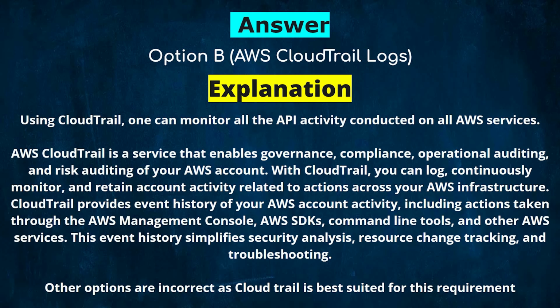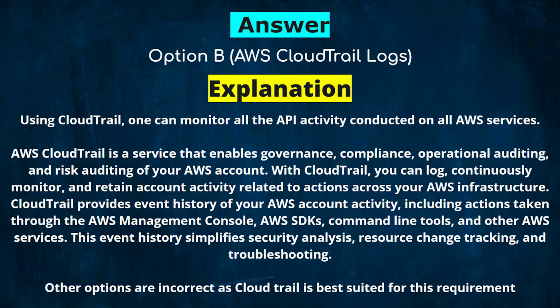Explanation. Using CloudTrail, one can monitor all the API activity conducted on all AWS services. AWS CloudTrail is a service that enables governance, compliance, operational auditing, and risk auditing of your AWS account. With CloudTrail, you can log, continuously monitor, and retain account activity related to actions across your AWS infrastructure.